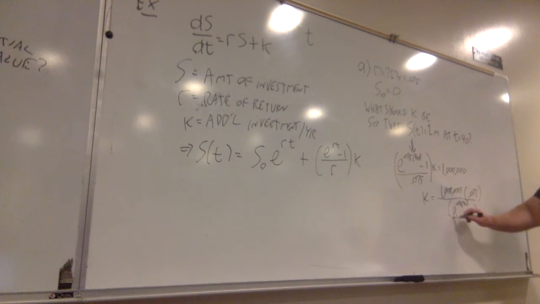This number in parentheses turns out to be 19.0855. So when you work out all of that, what you get is roughly $3,930.